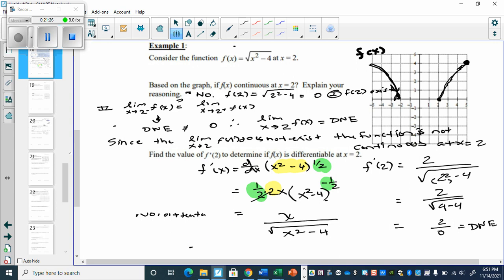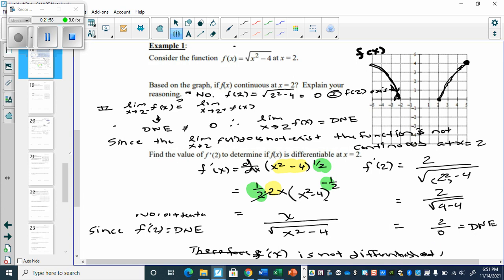So you do need a concluding statement. Therefore, basically write a statement: since f prime of 2 does not exist, f of x is not differentiable at x equals 2.